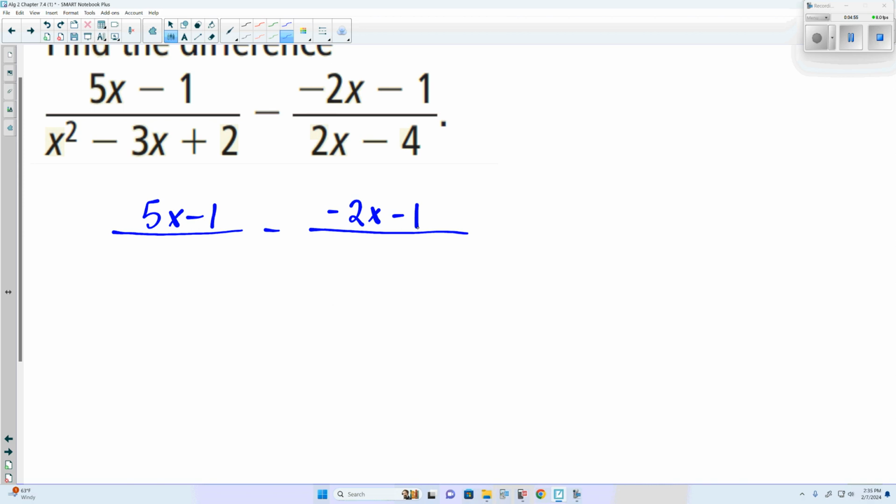And to do that, we need to factor the denominators. We're going to have to factor the x squared minus 3x plus 2 and 2x minus 4. Which one do we want to do first? First denominator or second?